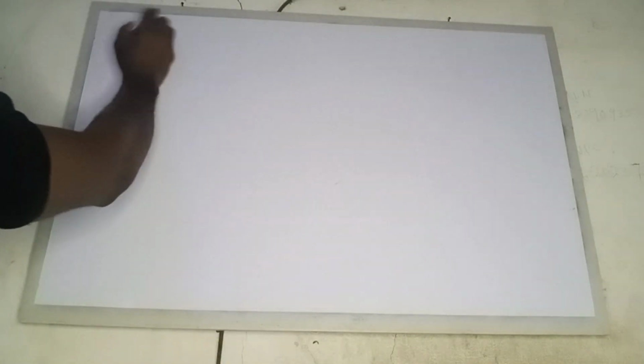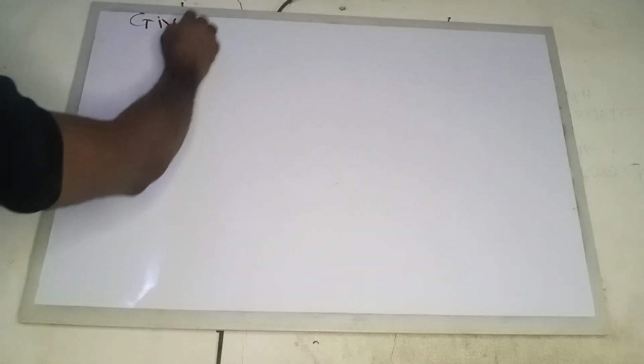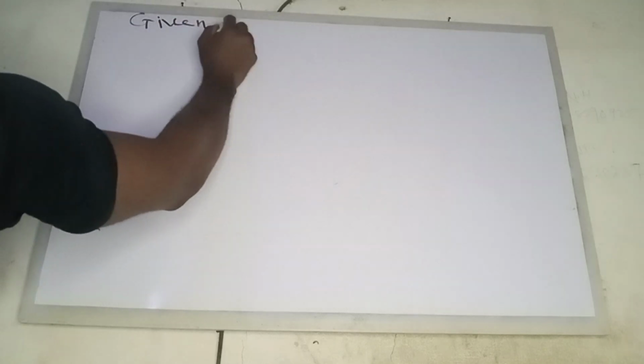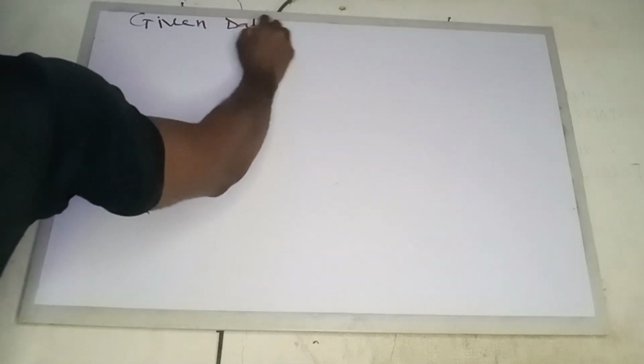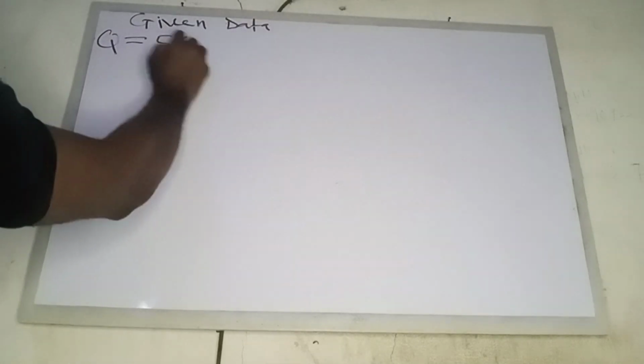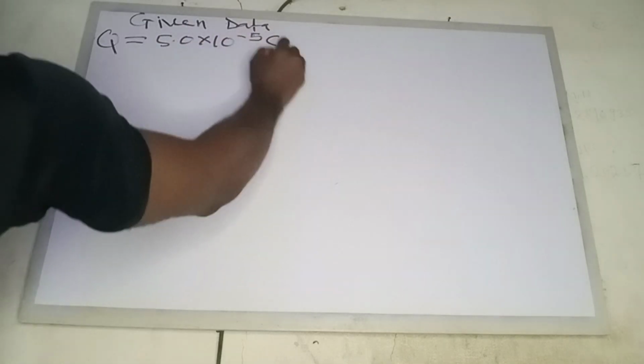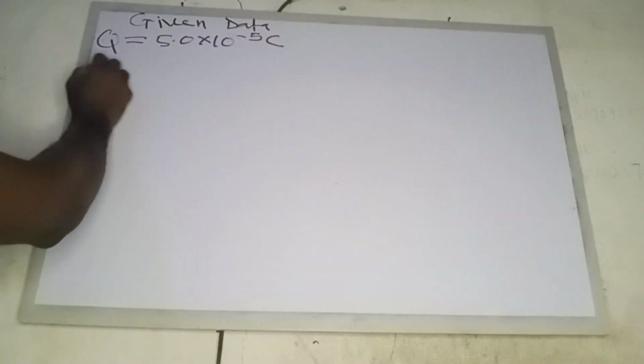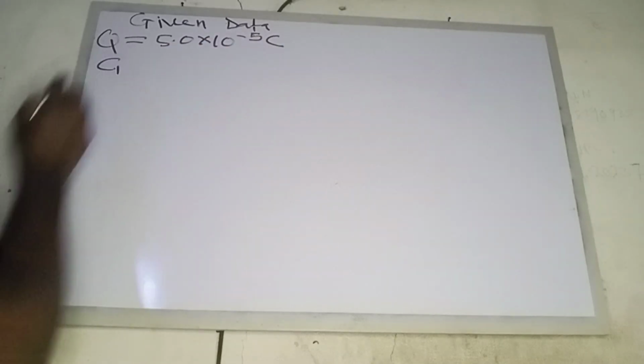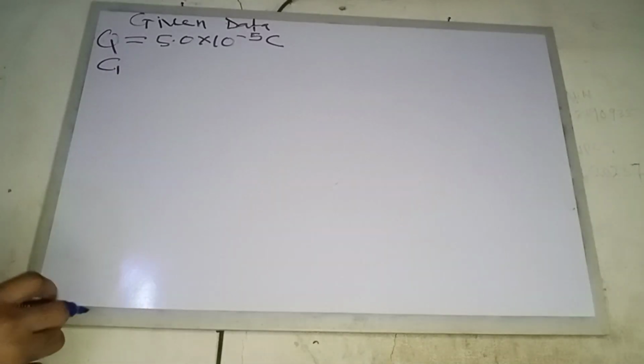Now let's calculate our first question, the potential difference between the end plates. Our given data, and the one we actually found: we have our charge to be 5.0 times 10 raised to the power of minus 5 coulomb. We have capacitor 1, because they say 3 capacitors.